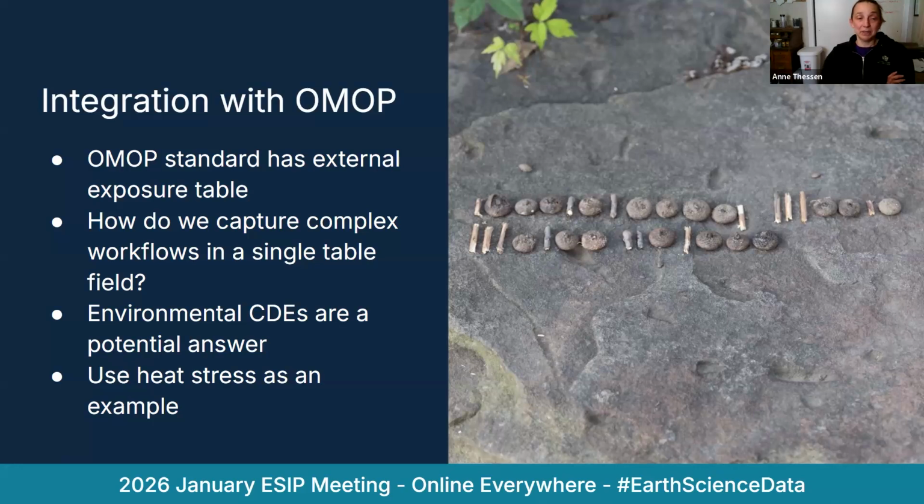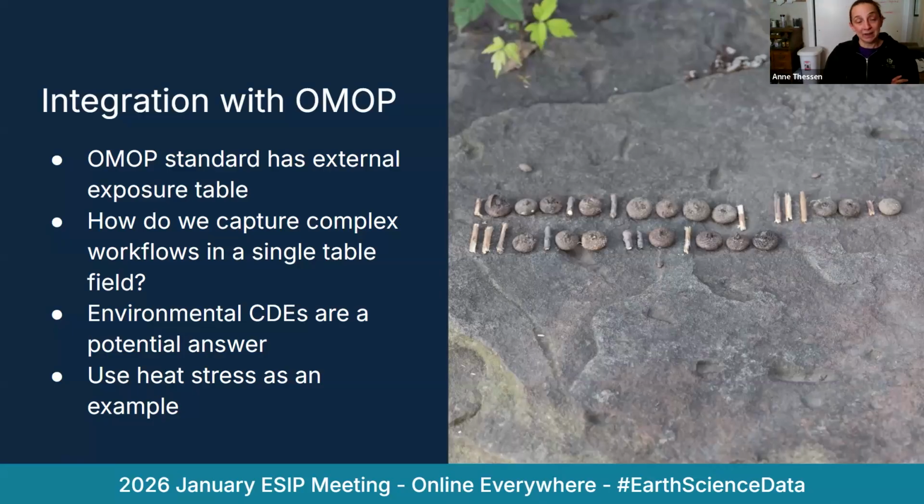One thing that the NIH really likes is something called common data elements, or CDEs. This is basically just a schema for a measurement to say, if you're going to measure blood pressure, this is how you need to do it, and this is the minimum metadata that you need to report with it.